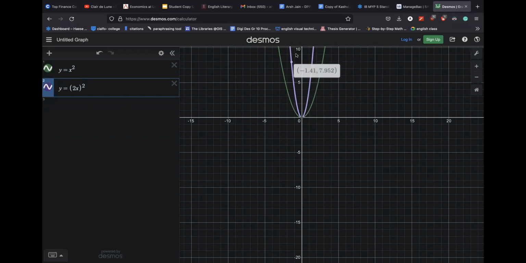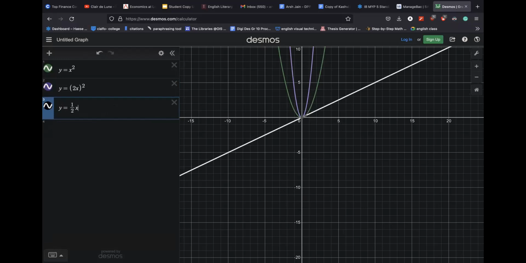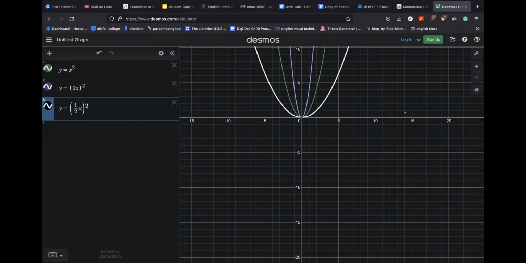Okay. Now you do one more thing. Y is equal to one half, 1 upon 2 x square. Put a bracket here. What happened?